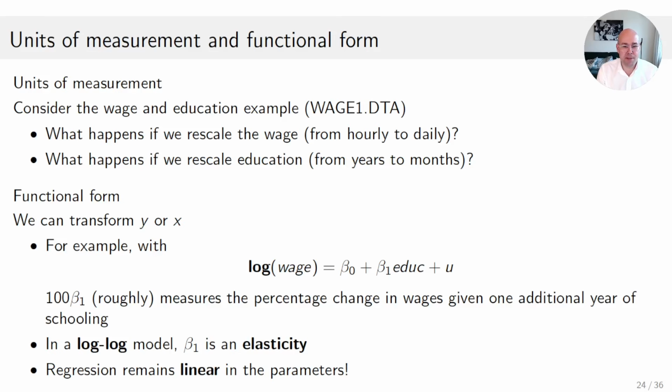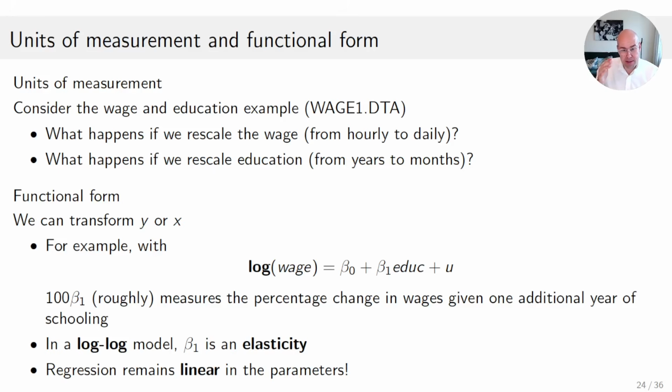Another specification that is often used is a so-called log-log model. When you have a log-log model, you would regress the log of the wage on the log of education. What you can then show is that beta 1 is an elasticity.